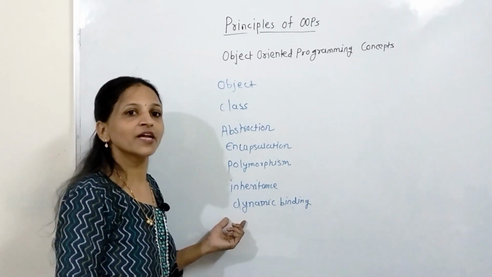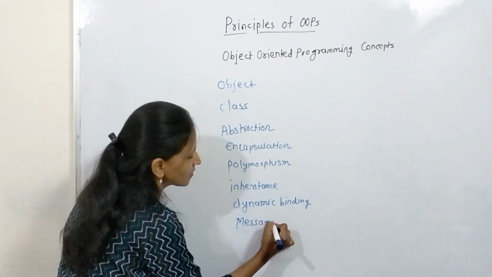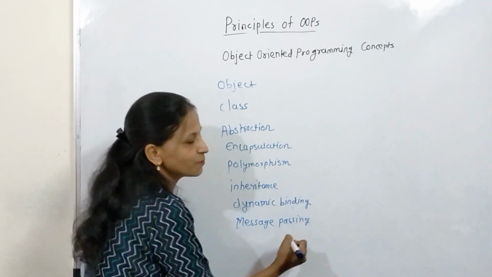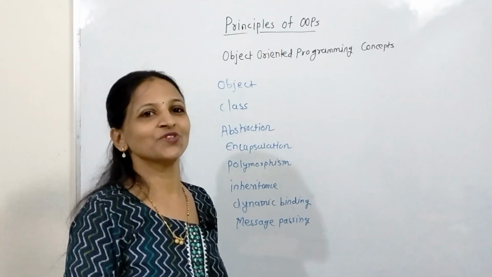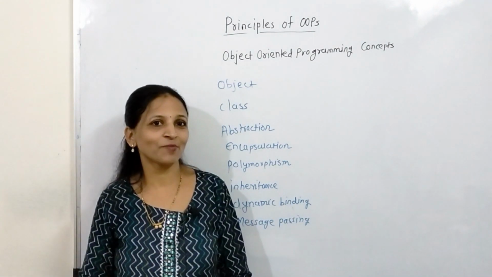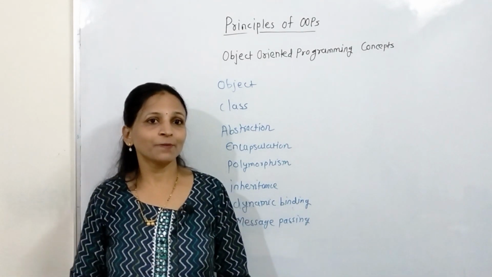That is the concept of dynamic binding. And the last one is message passing. Message passing means objects can communicate with each other by passing messages to each other. Passing messages is nothing but calling functions. Here we have covered all the object oriented principles.